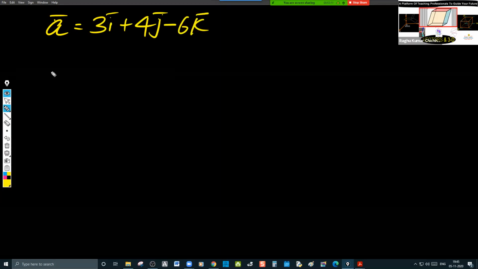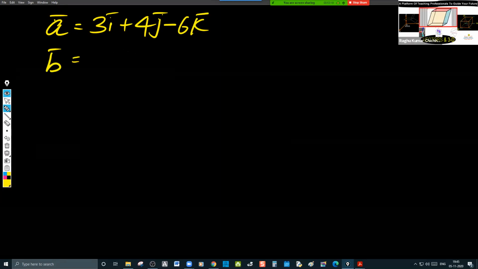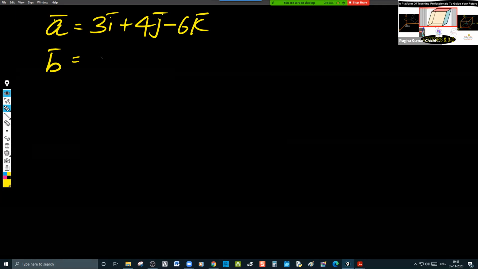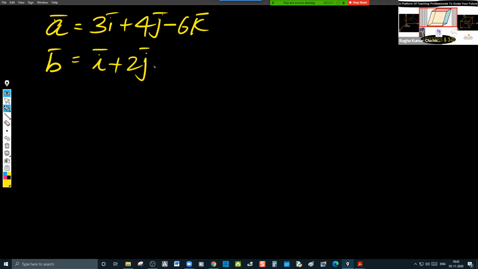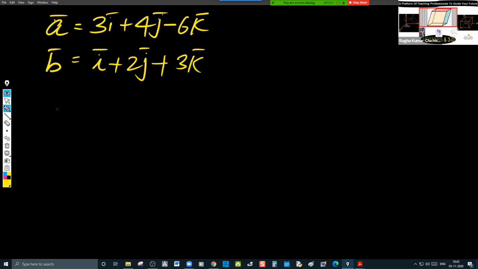And B bar, let us take from Kaushik: i plus 2j plus 3k. And C bar, I'm taking minus i plus j minus 2k.